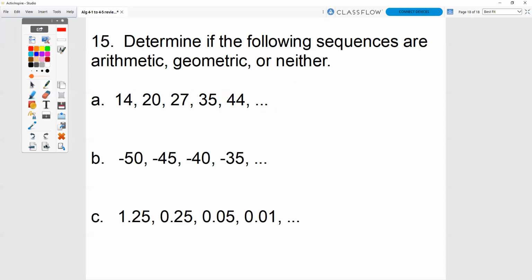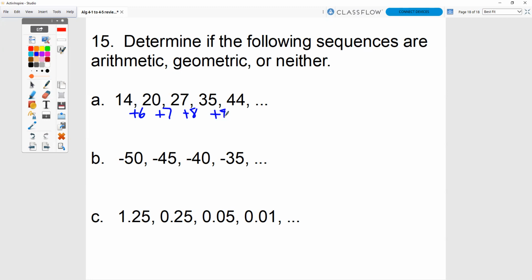And in the last question, determine whether the sequences are arithmetic, geometric, or neither. In letter A, you could try subtracting going backwards. You won't get the same thing each time. You'd get 6, 7, 8, 9. That does not automatically mean that it is geometric. It could be neither.